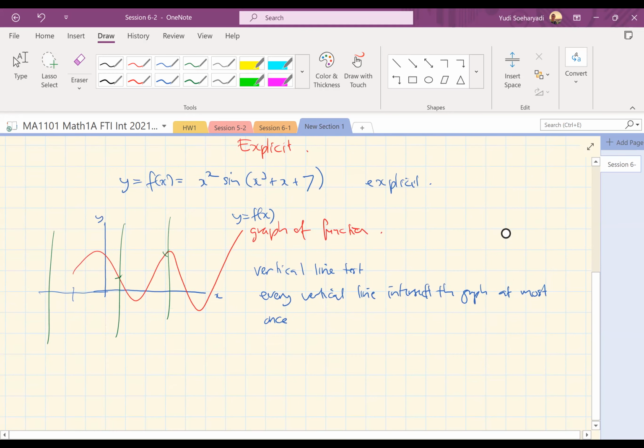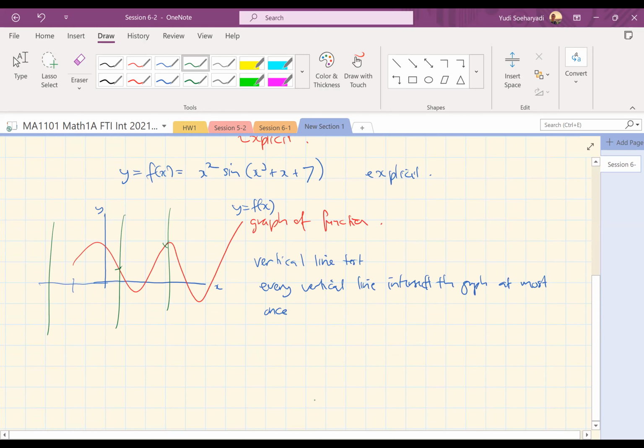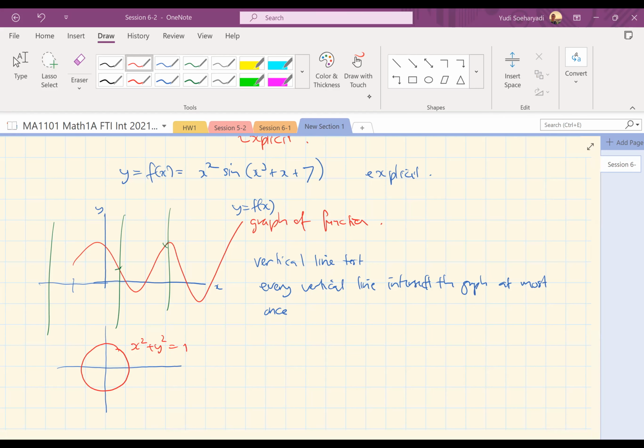So it explains why a circle is not a function, and something like this. This graph is not a function.